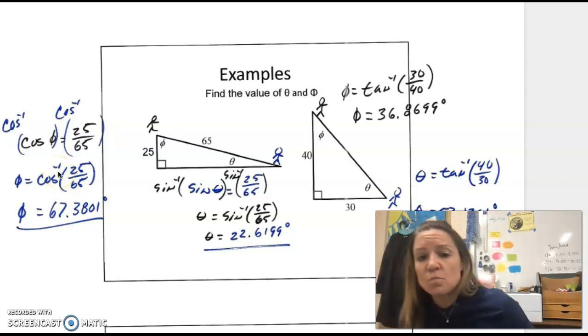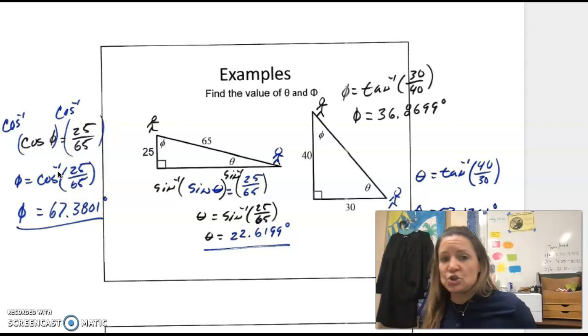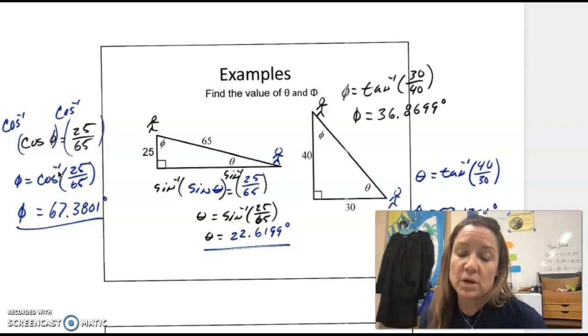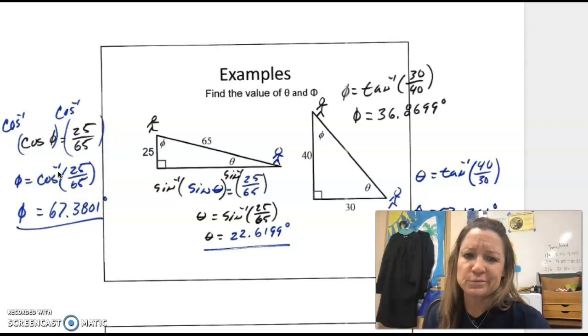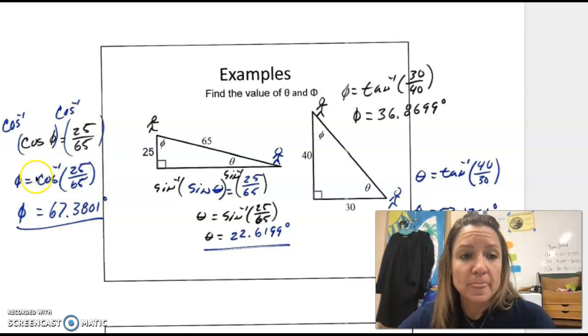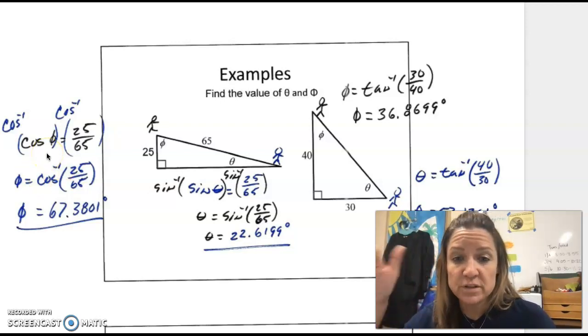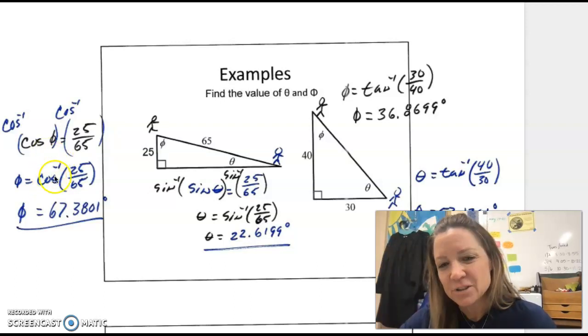On most calculators, it's a shift button or a second button, and it's usually a different color. On my calculator, it's green, but on yours, it could be gray or white or orange or whatever. So you want to hit that shift or the second cosine. Make sure it has the little inverse symbol, which is a little -1 in the air.